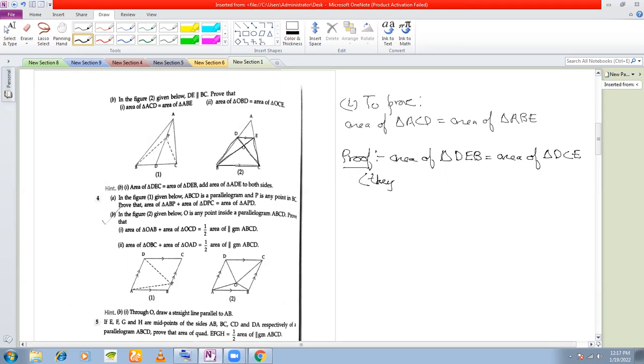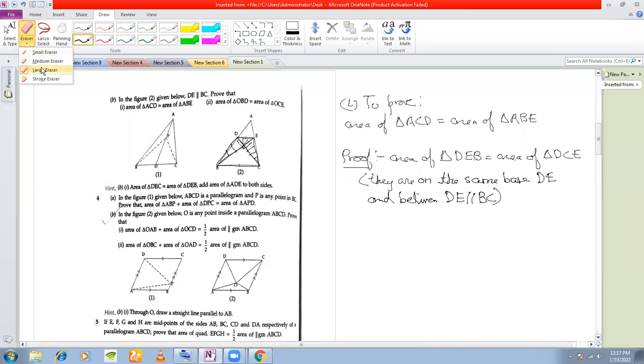They are on the same base DE and between what parallel lines? Between DE parallel to BC, right? Yes, sir. Right. So these two triangles are equal in area. So this is what I have written from the theorem.